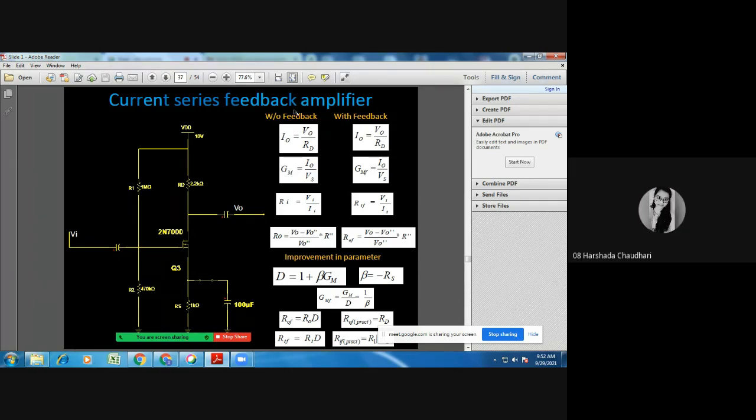Transconductance. Good. Current, that is you are sampling current, and mixing in series. So in series we used to mix voltages. If I want to mix current, I will use shunt mixing.